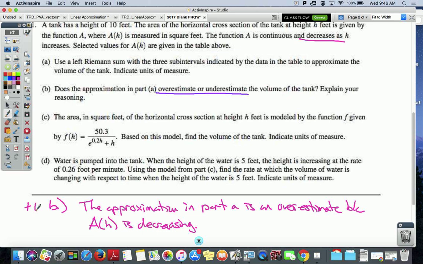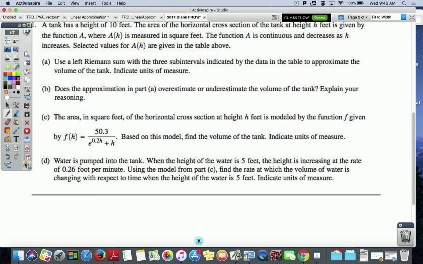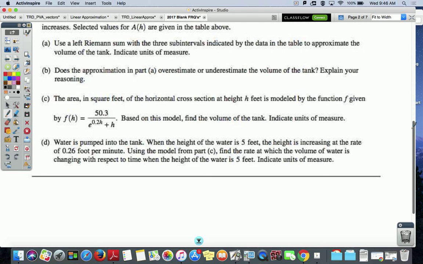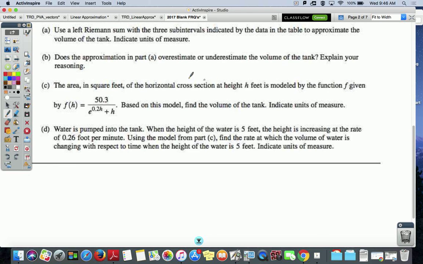So those first two parts were all about the Riemann sum. And now it's going to switch over a little bit here. We'll get to question C. It says the area in square feet of the horizontal cross section at height h feet is modeled by the function given by f of h equals 50.3 over e to the 0.2h plus h.